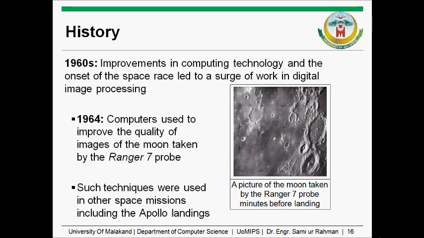Okay. Then a picture of the moon. Here we have this picture which was sent to Earth by these different robots at the moon, and it was, I think, 1964.